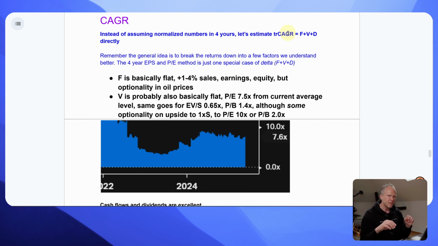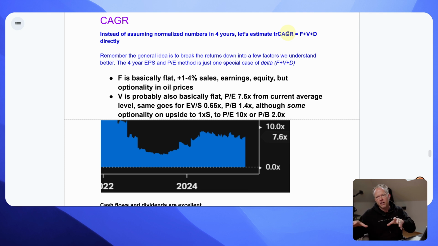yield. So again, remember that the general idea here with the PFV framework is to break the returns down into a few other factors that we understand better, that we have maybe a direct, intuitive understanding of.